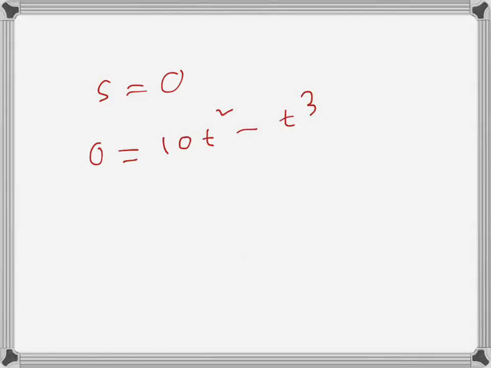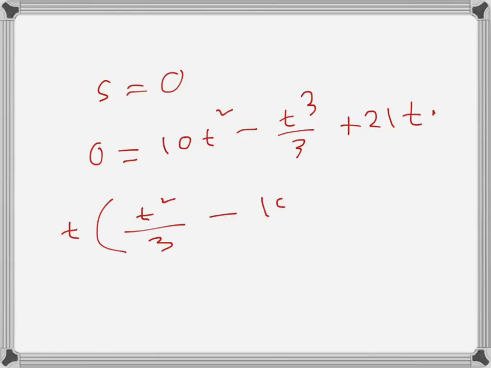If we take t separately, it becomes t times, t square over 3 minus 10t minus 21, equals 0. With t equal to 0, this is one solution, because when it starts, the displacement is 0 as it was at the original position. We need to find the other time when it comes back to the original position.